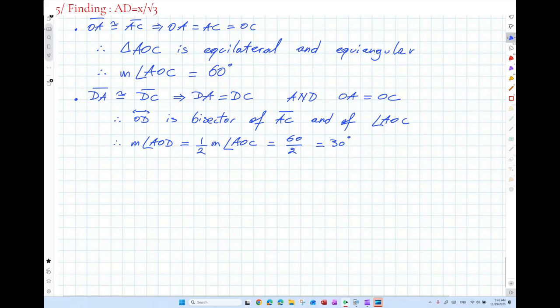Now, let's consider the triangle AOD. So let me jot that down.